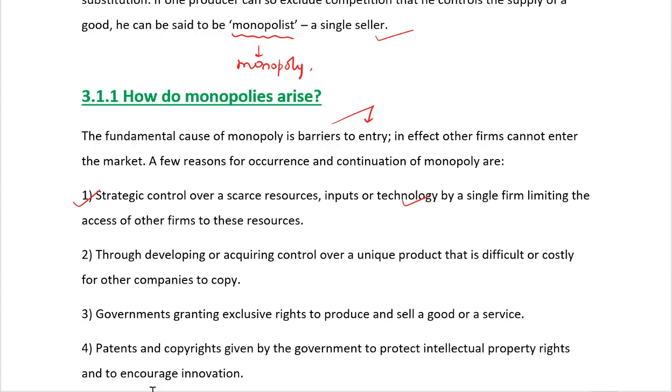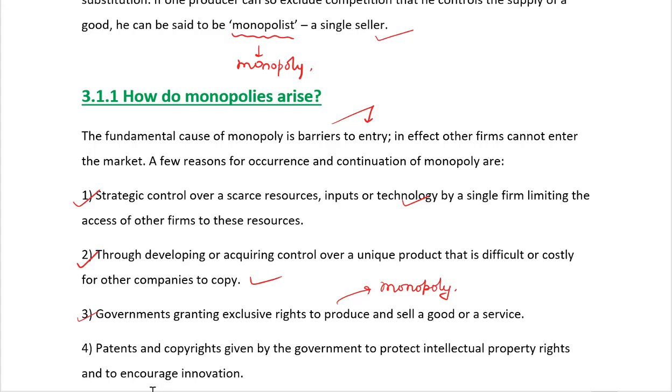Second, developing or acquiring control over a unique product that is difficult or costly for other companies to copy. Third, government granting exclusive rights to produce and sell a good or service constitutes monopoly.